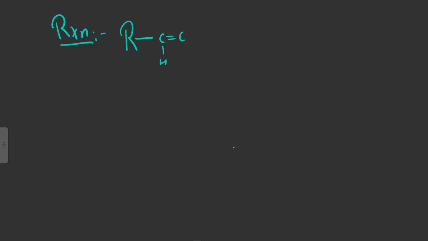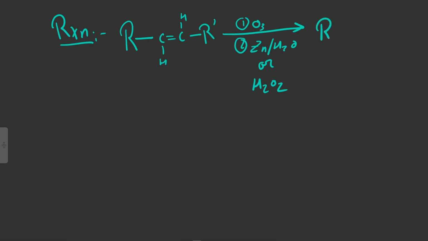Again, for this reaction, I'm taking a double bond, and this is attached to an R dash, and we use ozone O3 and zinc with H2O for reductive ozonolysis, or for oxidative ozonolysis we take H2O2, hydrogen peroxide. The final product that we get is this.